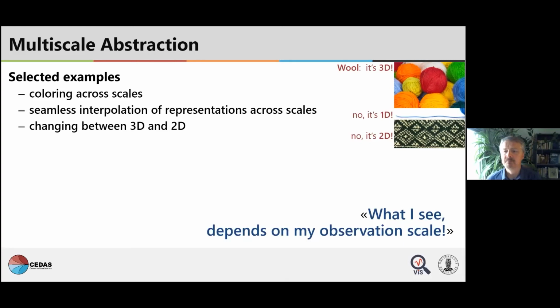And in the different ways of how to think about this, one is that what I see depends on my observation scale. It depends on what I pay attention to. Here I've just tried to illustrate this famous example of what's the dimensionality of wool. Well, if I look at some balls of wool, I may say, well, they look three-dimensional to me.